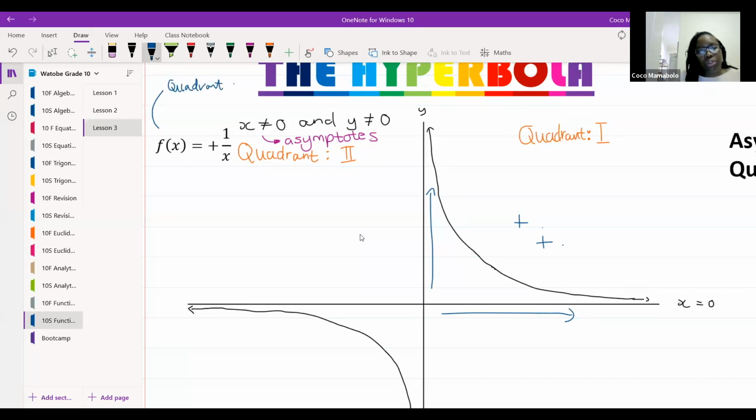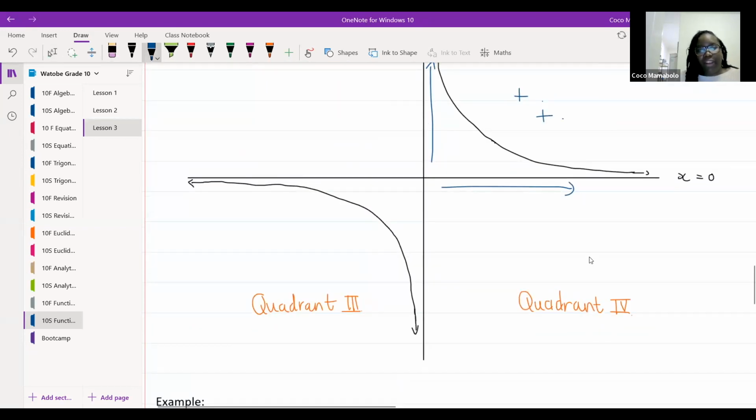Down here, my x values are negative and my y values are also negative. And a negative and a negative will give us a what?